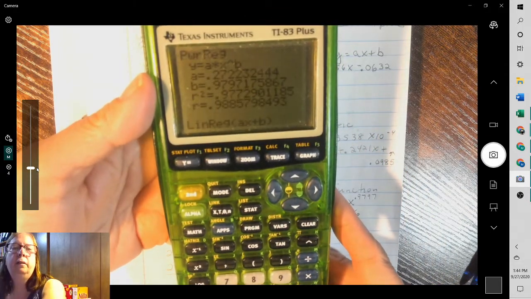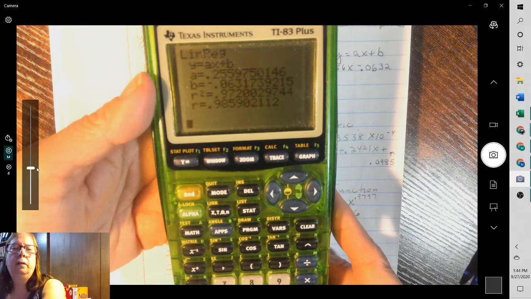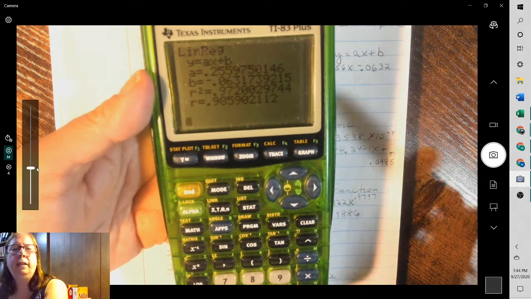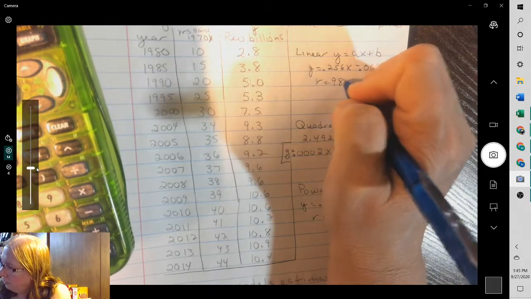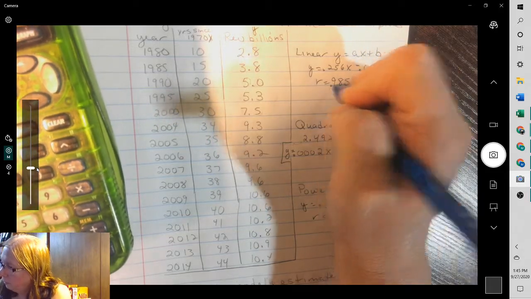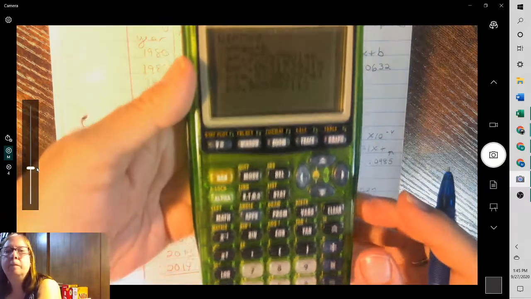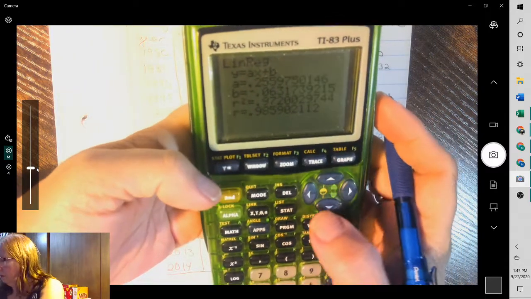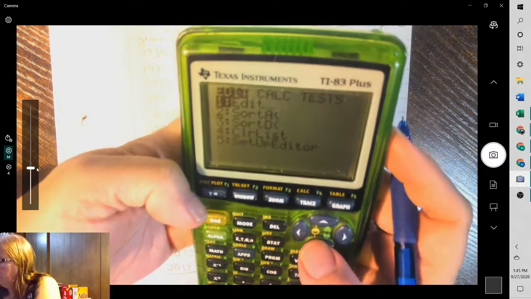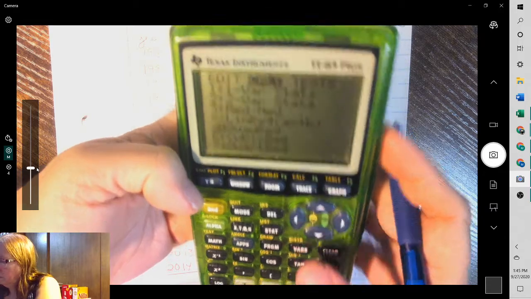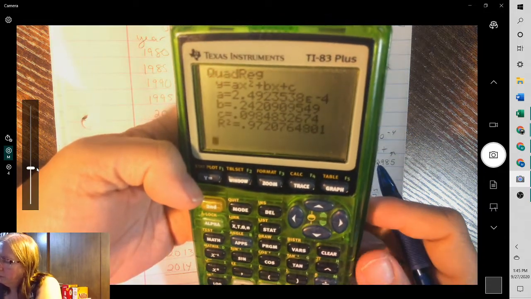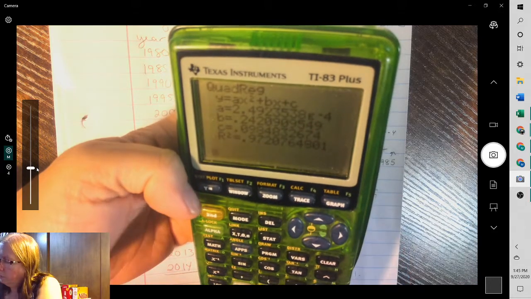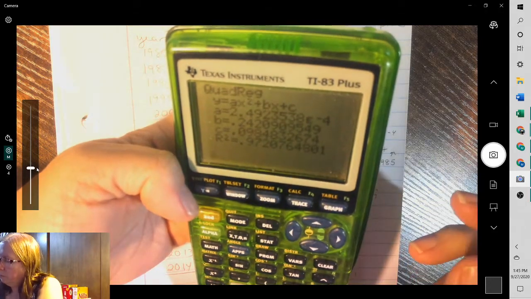Linear was 0.9859. And quadratic only gave R squared.